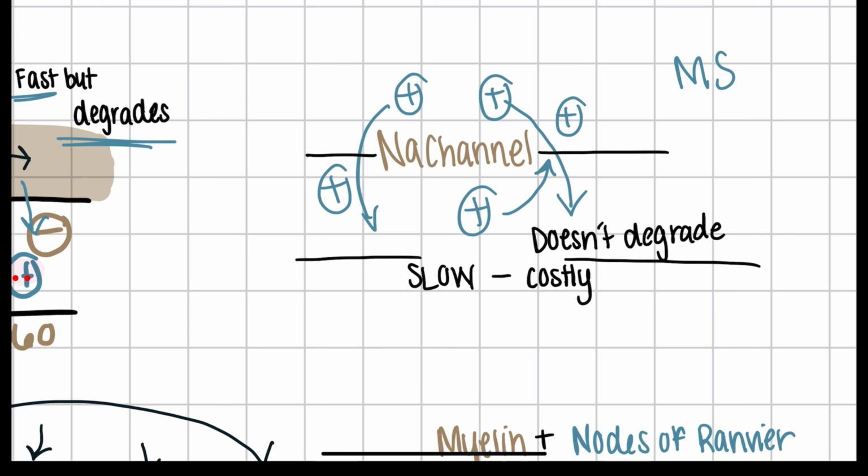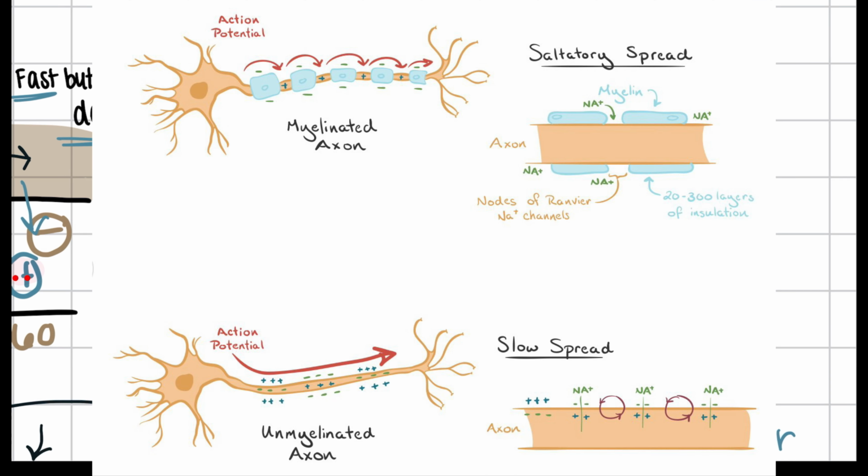And I'm going to apply this to MS. So if we just had an axon that had no myelin and just these voltage-gated sodium channels, it would work. But again, it's this constant activation of doing these things. It's much slower, and it actually costs some energy.